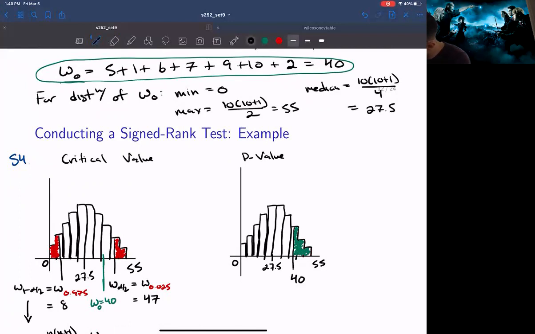And then in the lower tail, we're going to have the same area, but we don't know exactly what value this is right away because it's not going to be like negative 40, for example.